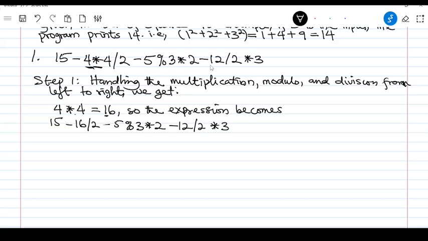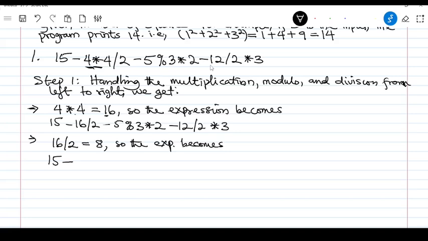And so we're going to do the same again. Here we have division. So 16 divided by 2 is equal to 8. So the expression becomes 15 minus, what do we have here?